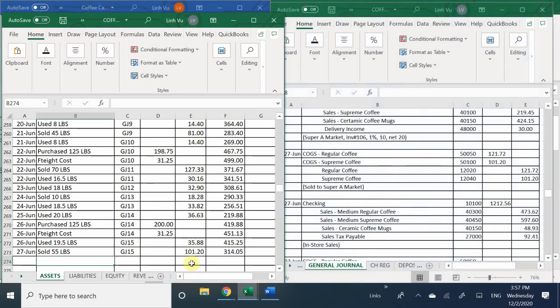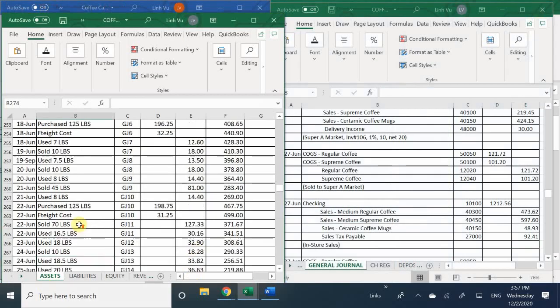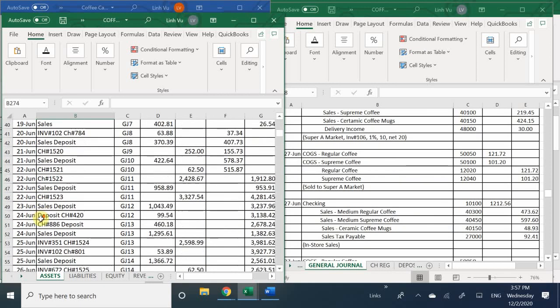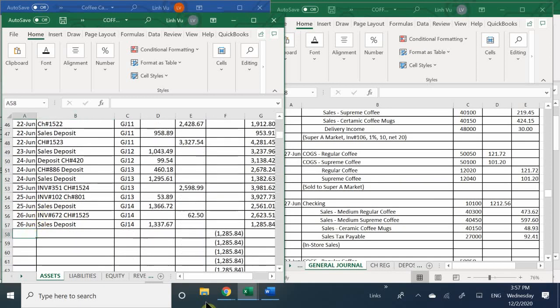And start with our checking, all the way at the top. 6/27 for the date. It's going to be sales deposit, general journal 15.